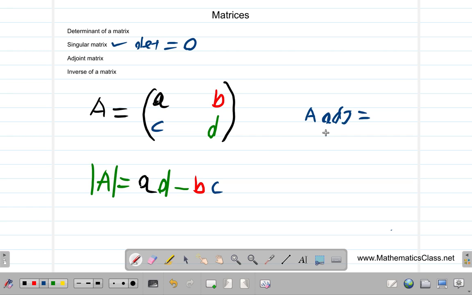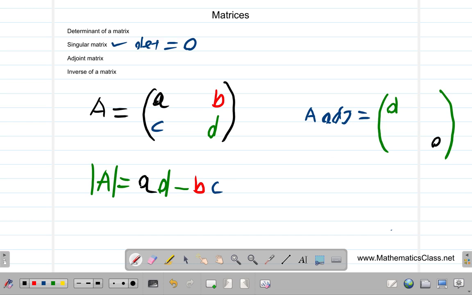So in this case, the adjoint will be A times D. You multiply the elements in the leading diagonals. Oh, not multiply, my error. You interchange, not multiply. You interchange the elements in the leading diagonals. These will change place. So, what you will have is D coming where A was.